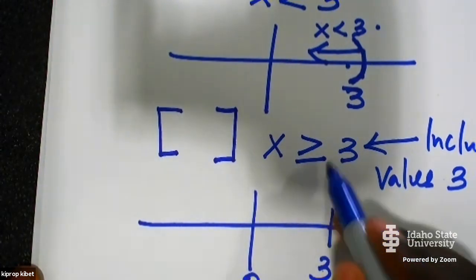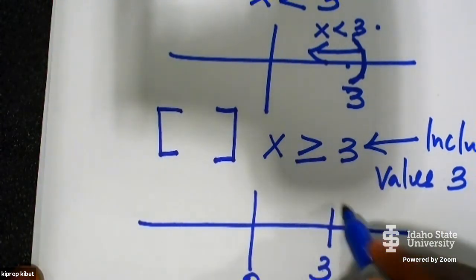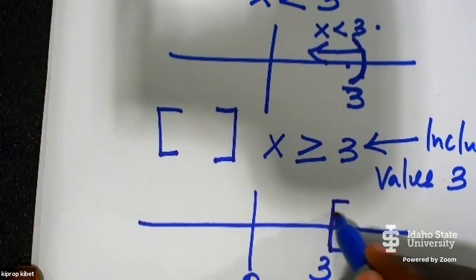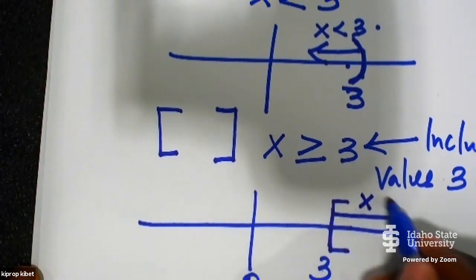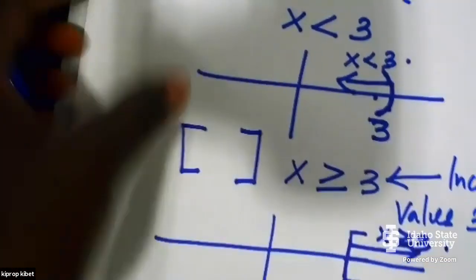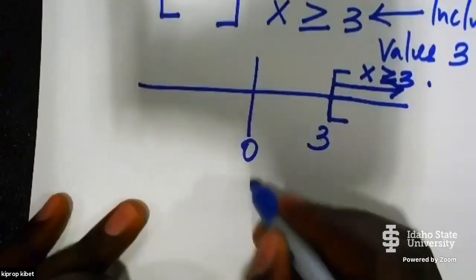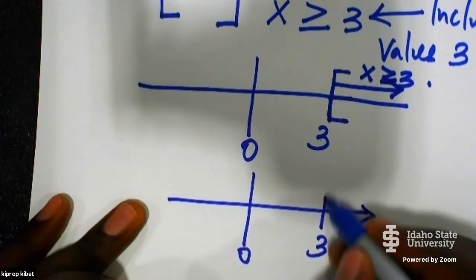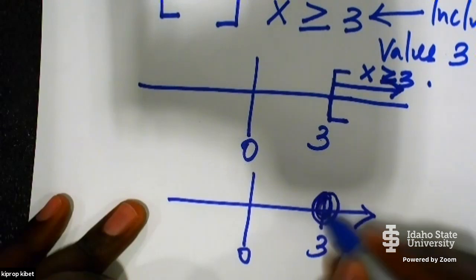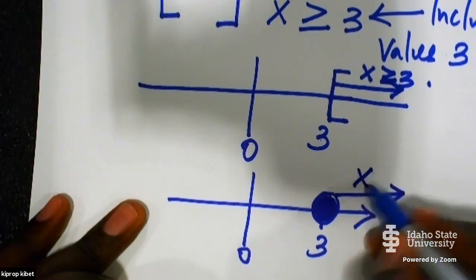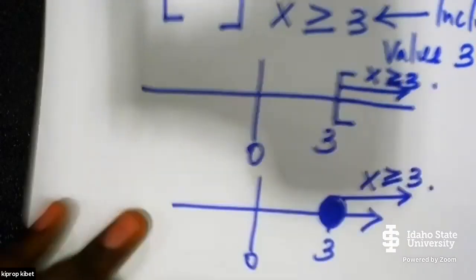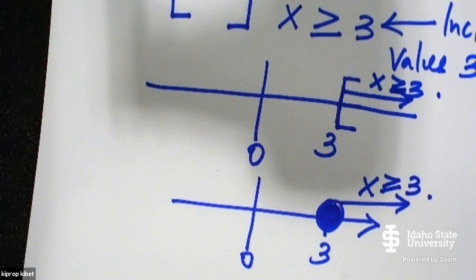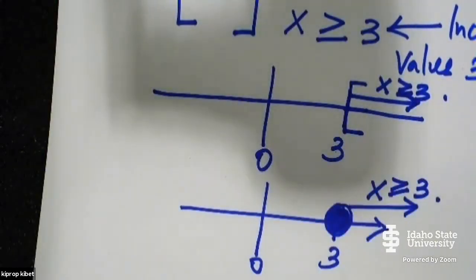So these are including the value of 3. So this is x greater or equals to 3. Or you can write it like this. 0, 3, then like that, and then you shade. Then you write like that. X greater or equals to 3. Okay. So you can always write it like that.